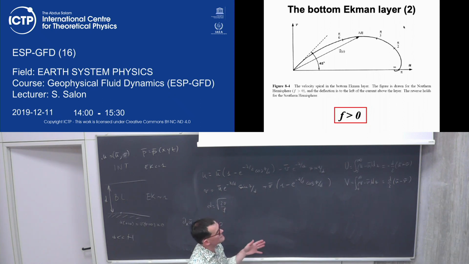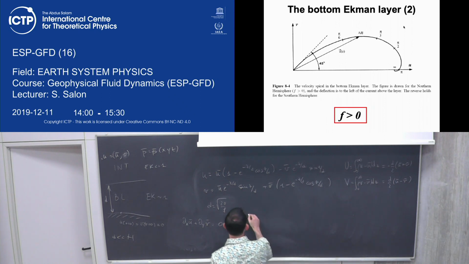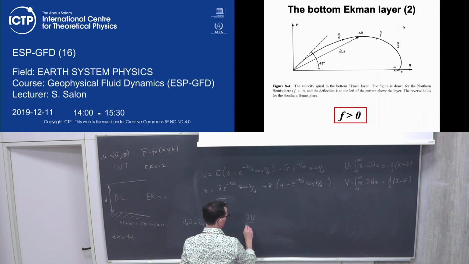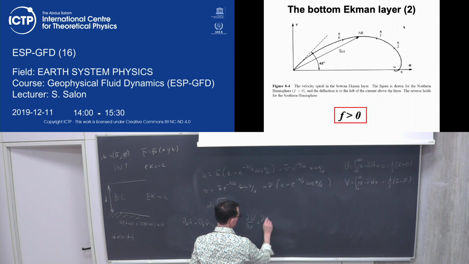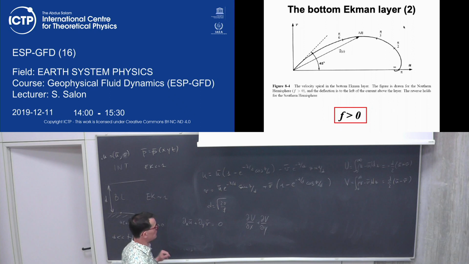If we are having a transport in the U and in the V, what is the divergence of the transport? How does the transport evolve, and which is the effect of the bottom Ekman layer over the transport?